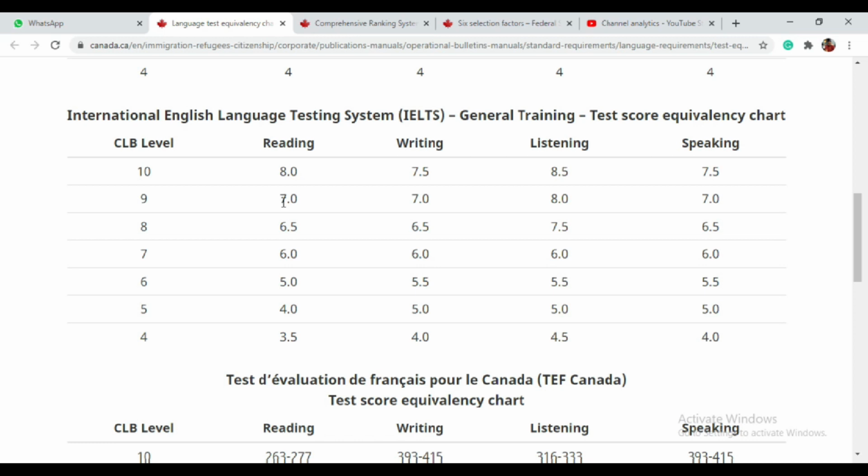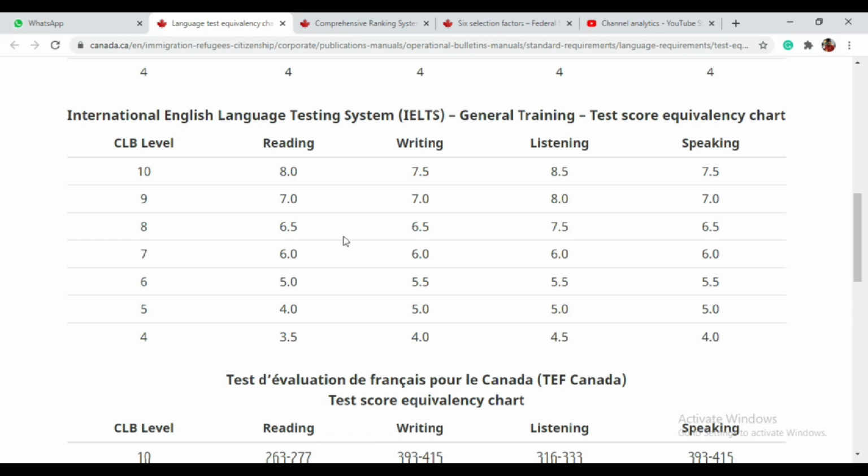In IELTS, if your test report form, the TRF, says that your overall score is 8 bands, that will not mean you are CLB level 8. If your TRF says that your overall score is 7 bands, that will not mean your CLB level is 7.